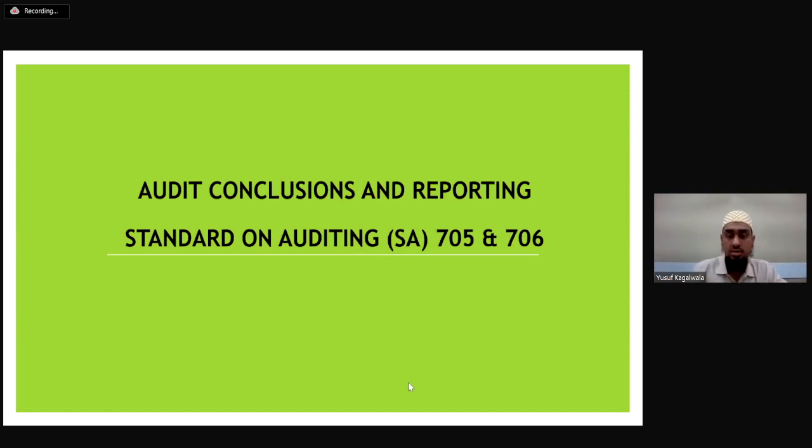Now, these two standards are quite critical, along with 700, of course. They come together with SA 701, that is key audit matters, and SA 720, that is other information. Why they are so critical is mainly the external reviewers who are reviewing the audit reports and the work of auditors, like peer review, the quality review board, even the NFRA.